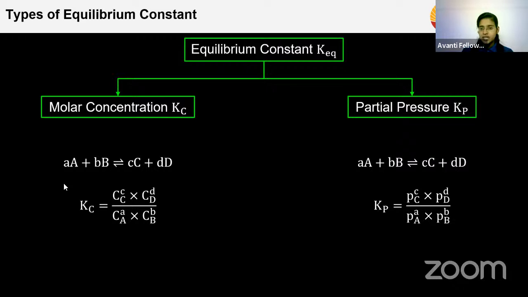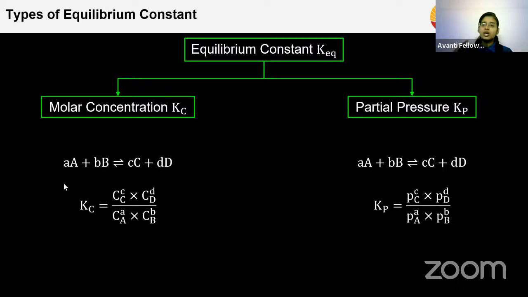So Pc power c into Pd power d, the whole divided by Pa power a and Pb power b. Here concentration and there pressure. These are the two very easy types of equilibrium constant.